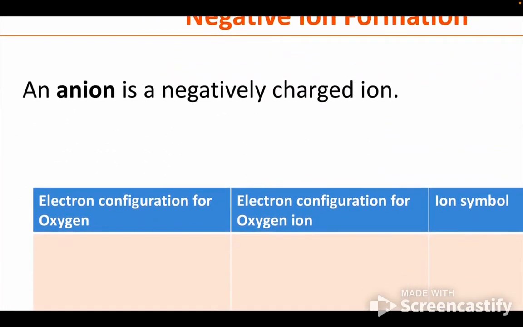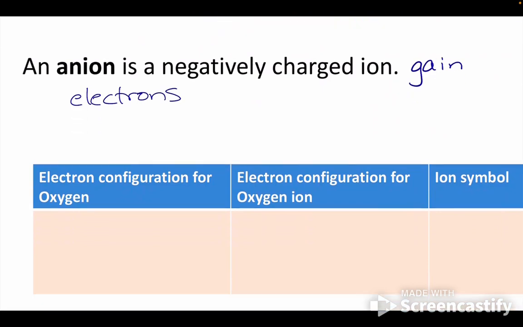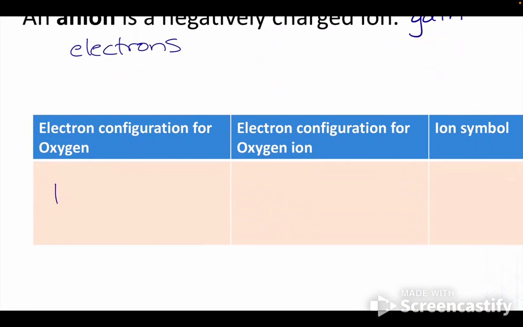So anions are negatively charged. This is when we gain electrons, because now you're going to have more negatives than protons, because the protons don't change. Let's do this one together. Let's do oxygen. You can see it has 6 valence electrons, right?